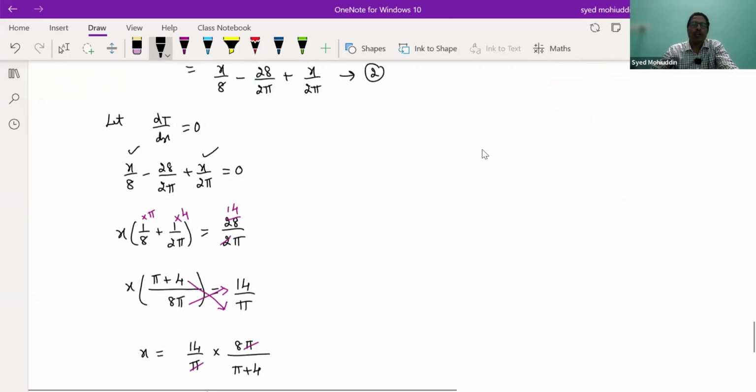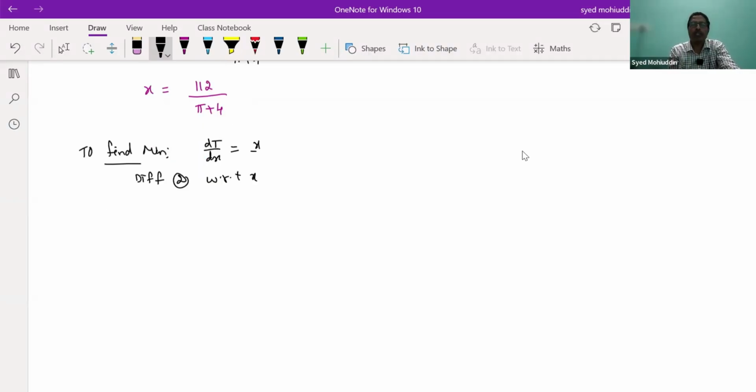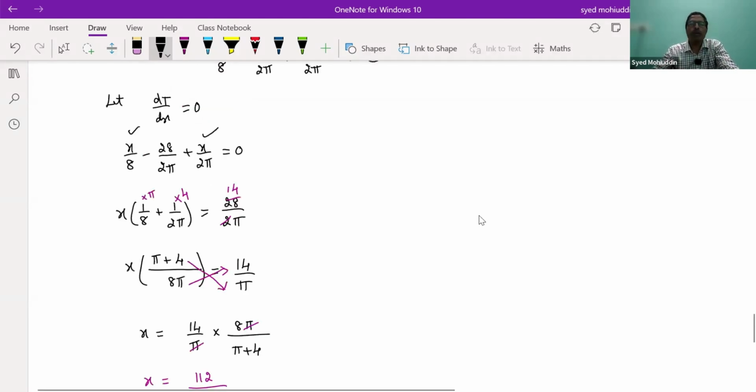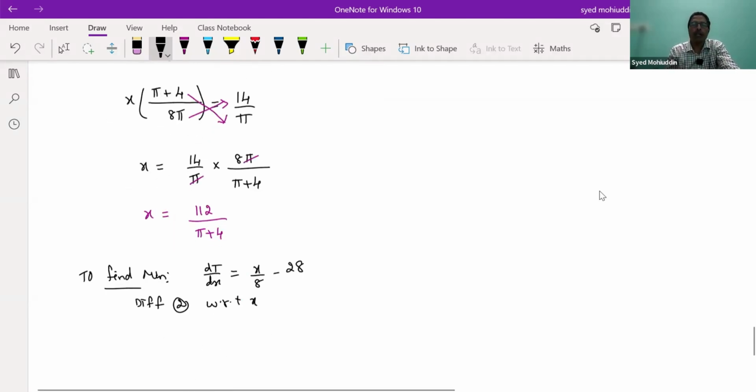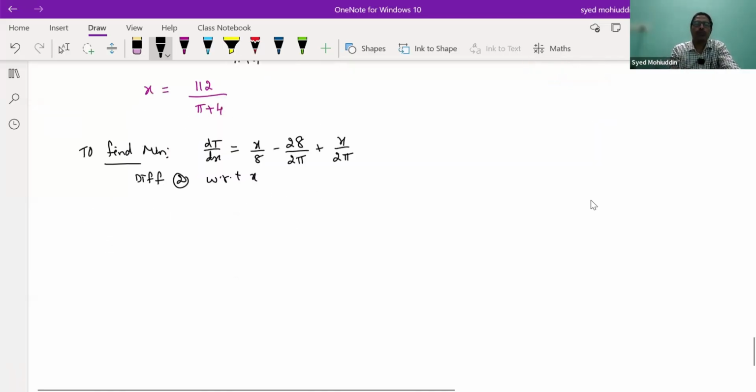So to find the minimum value, we have to differentiate equation number 2 with respect to x. What is the dt by dx? Let me write it down here: x by 8 minus 28 by 2 pi plus x by 2 pi. Now we have to differentiate this one once again.